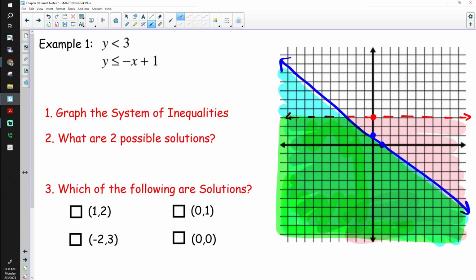For example, if I pick the point 0, negative 3, right there, it is in the red, and it's in my blue. It's in both shaded regions. So the point 0, negative 3 is a solution.